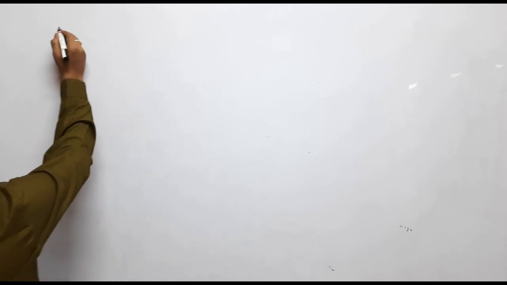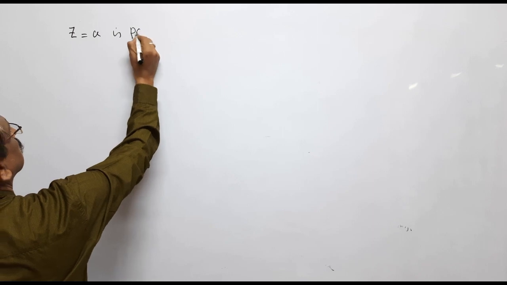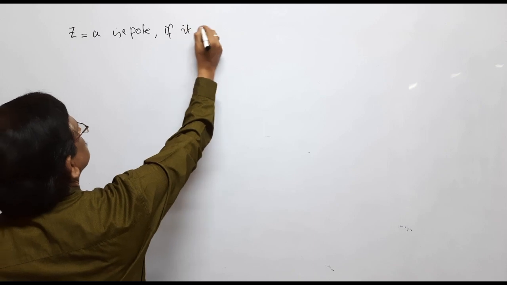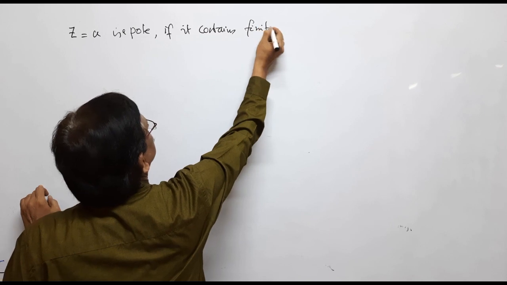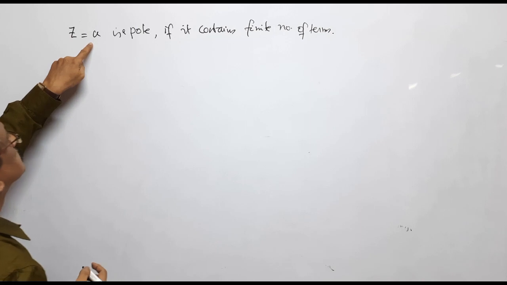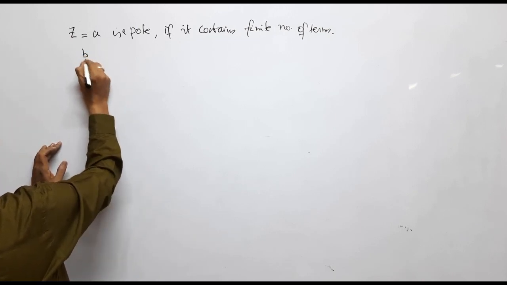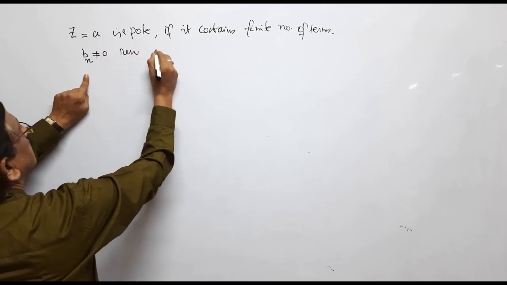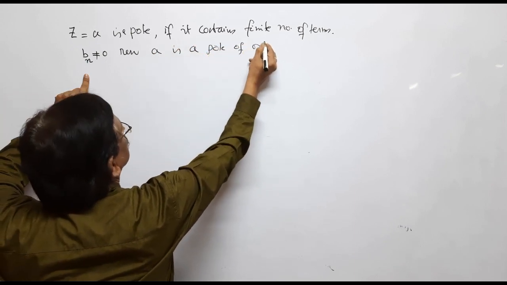So z equal to a is a pole if the principal part contains a finite number of terms. Suppose the last nonzero term is b_n (z minus a) to the power minus n, that means b_n is not equal to 0, then a is a pole of order n.